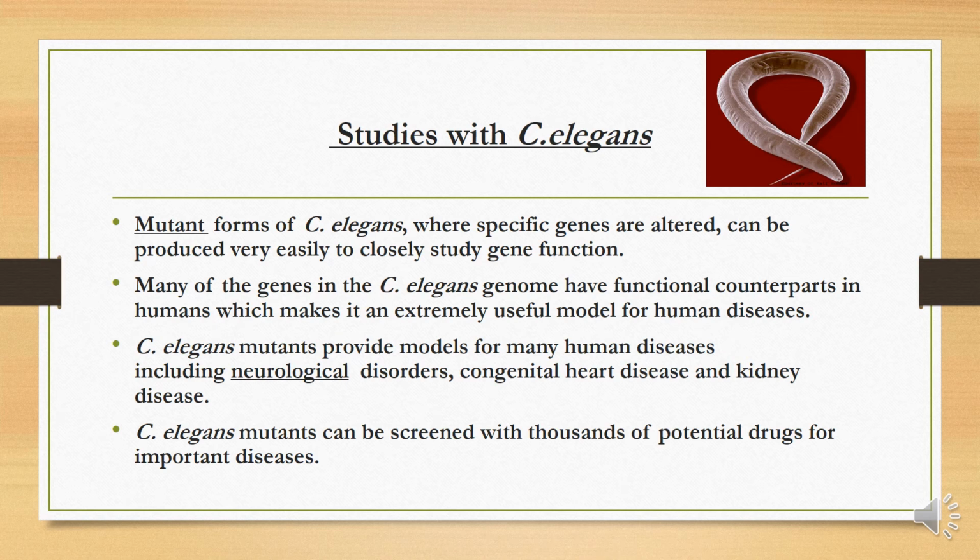Many of the genes in the C. elegans genome have functional counterparts in humans, which makes it an extremely useful model for human diseases. C. elegans mutants provide models for many human diseases, including neurological disorders, congenital heart disease, and kidney disease. C. elegans mutants can be screened with thousands of potential drugs for important diseases.